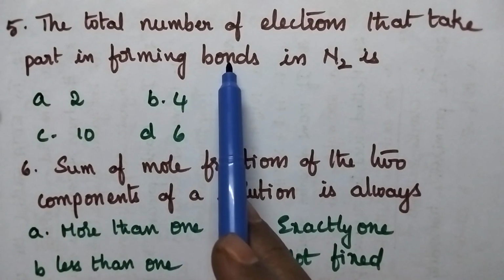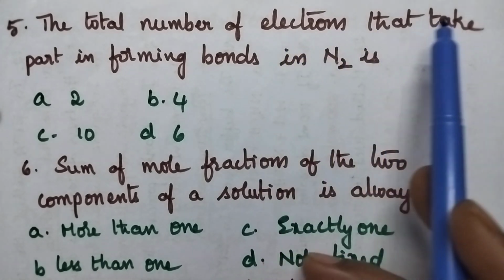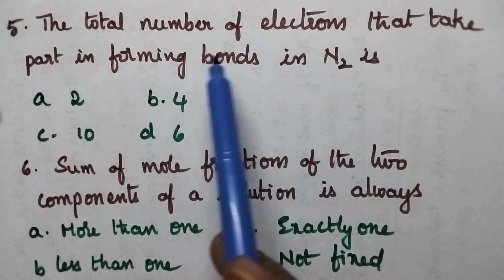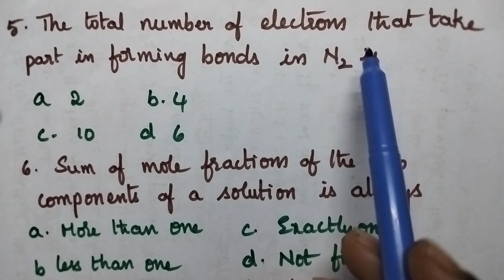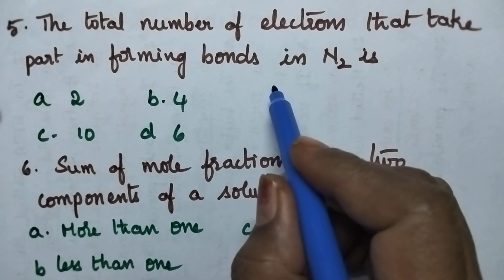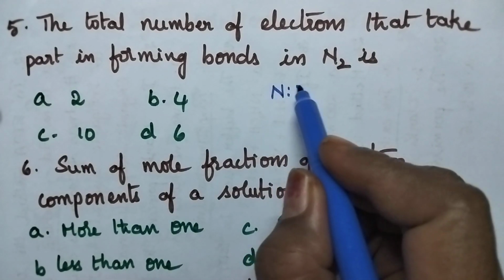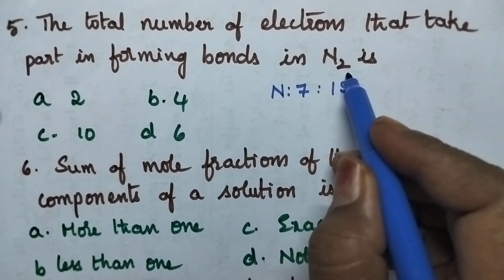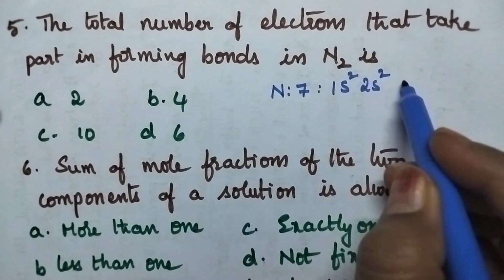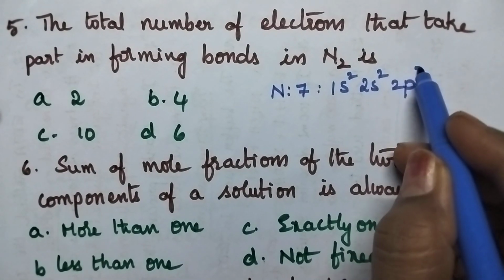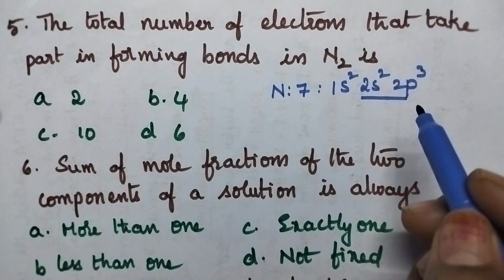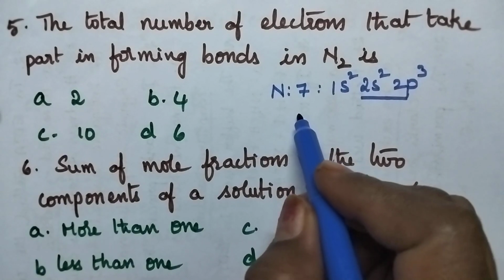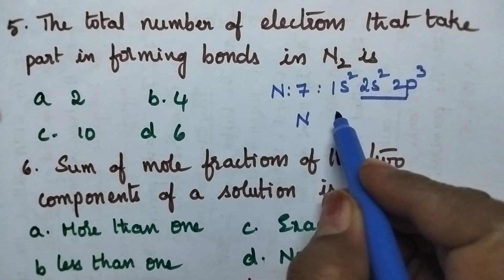The total number of electrons that take part in forming bonds in N2 is? The atomic number of nitrogen is 7. Its configuration is 1s2, 2s2, 2p3. Outermost electrons take part in the bonding and we have two such atoms.